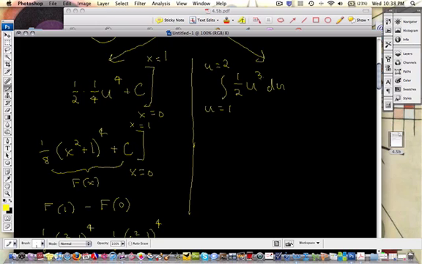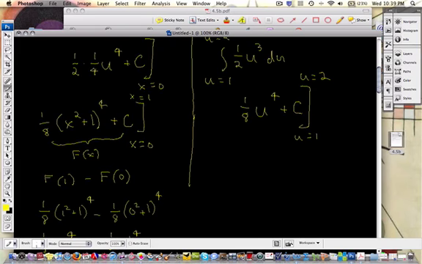The antiderivative of this, again, simplified, is 1/8 u to the 4th plus c. And we want to do this from u equals 1 to u equals 2. Notice how it's different from on the left. I don't have to sub in the x squared plus 1 for the u. I can just apply the fundamental theorem here.